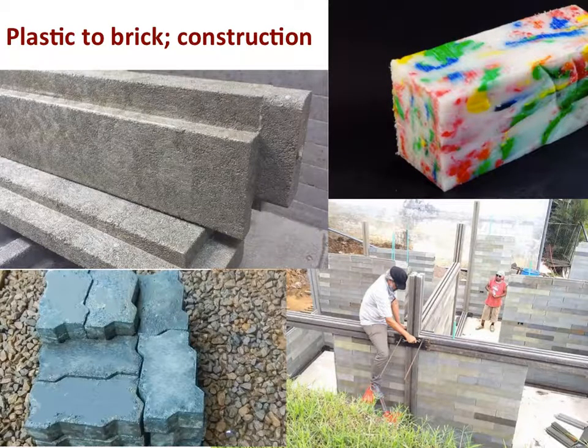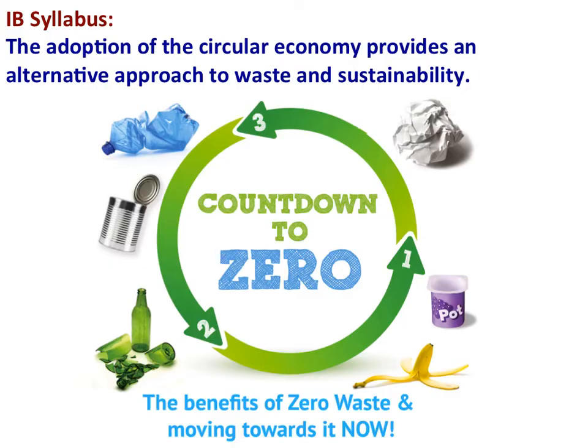Here's another example of the circular economy. Recycled plastic becomes a brick used in the construction of homes. The circular economy aims for zero waste, certainly a more sustainable solution to many of the environmental problems caused by solid domestic waste.